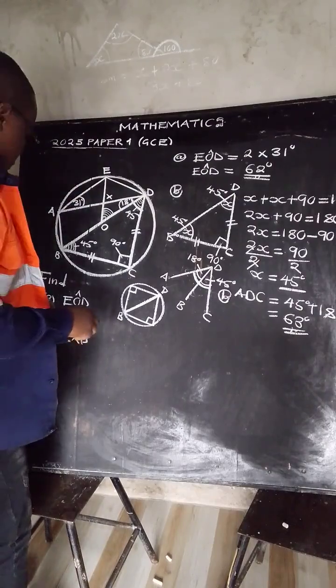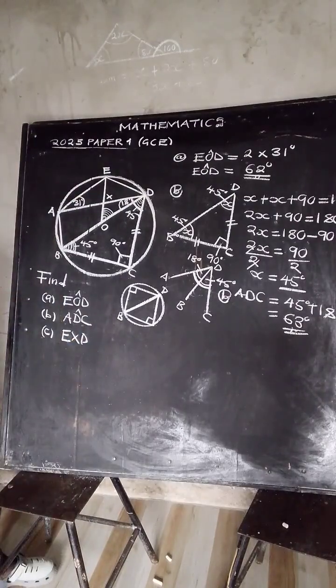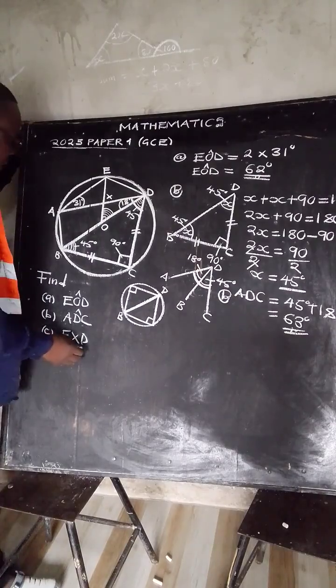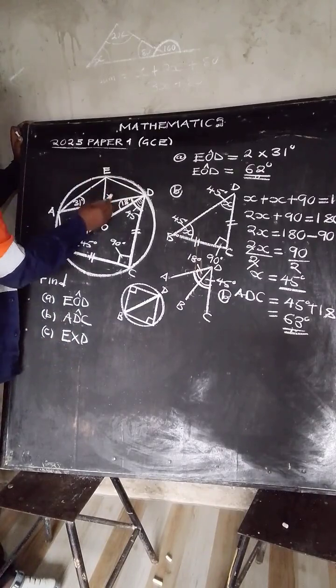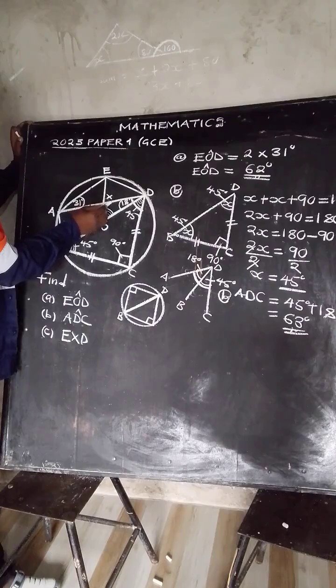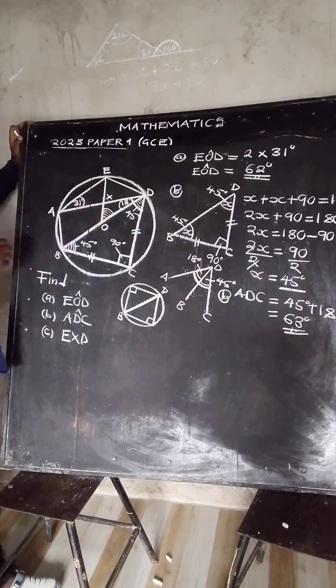Okay, for question B. Now question C, we're told to find EXD. Where is E? They want us to find this angle. They want us to find this small angle.